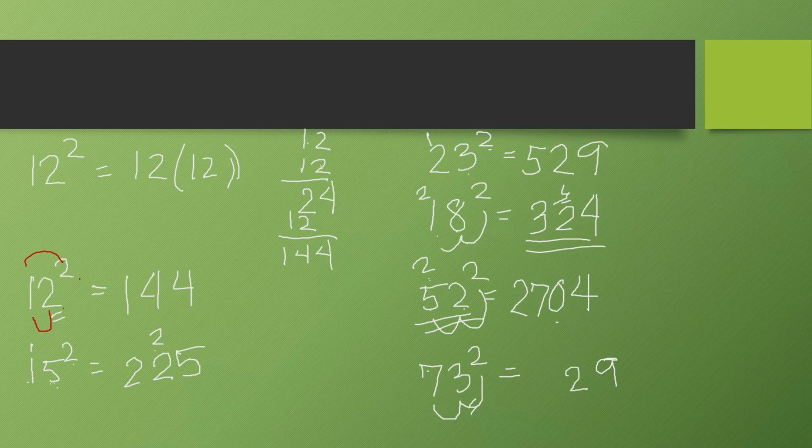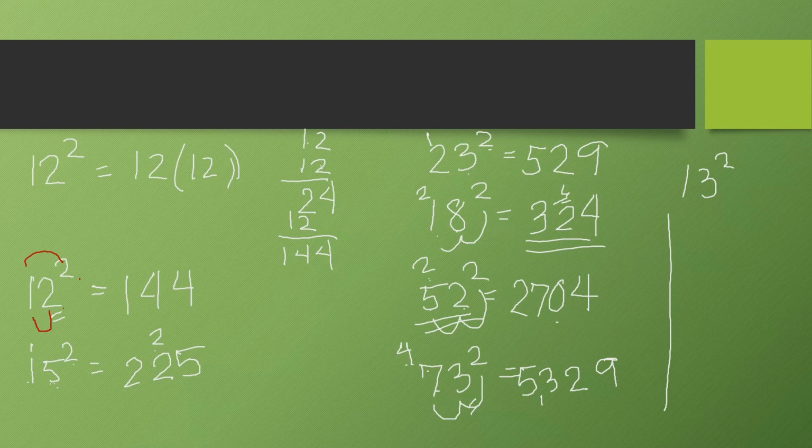Carry lang natin yung 4. Then square the last term, 7 times 7 is 49. 49 plus 4 is 53. Okay, we have 5,329.